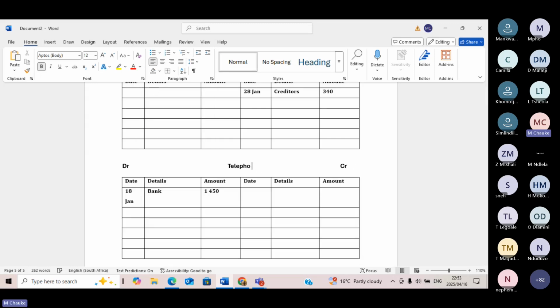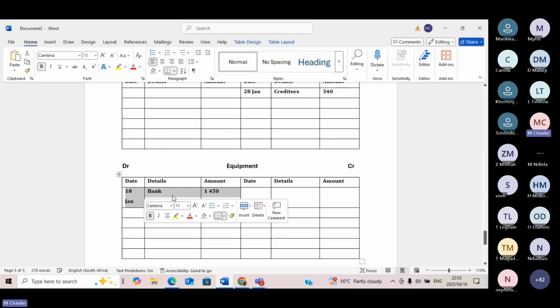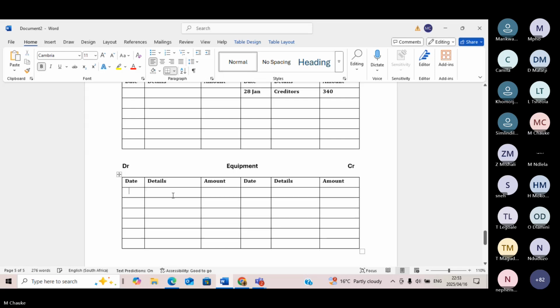So equipment is an asset. We bought it on credit on the 30th, so we're gonna say creditors. And then how much did we buy it for?